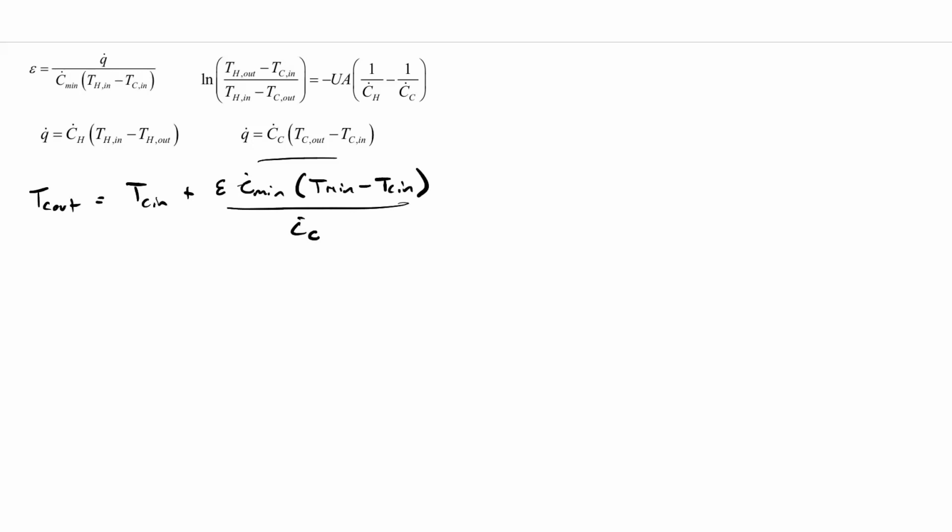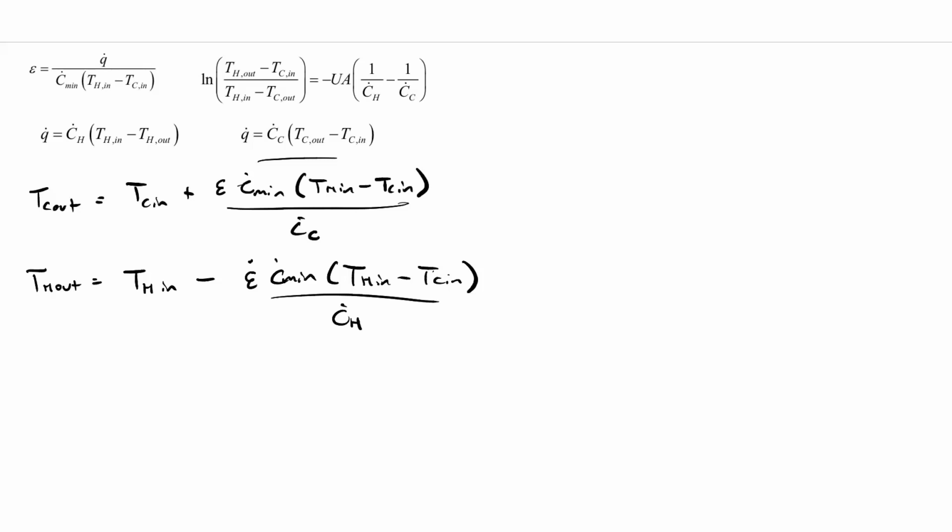Let's see, we can do the same thing for TH. So TH out is equal to TH in plus, sorry, it's going to be minus now, not plus, minus effectiveness times C dot min, TH in minus TC in, divided by C dot H.